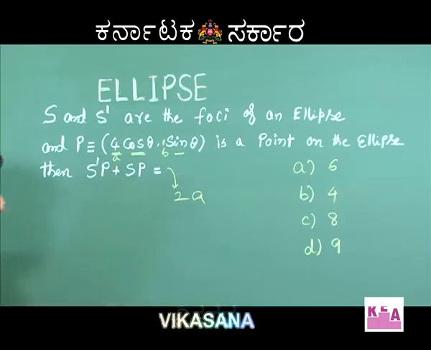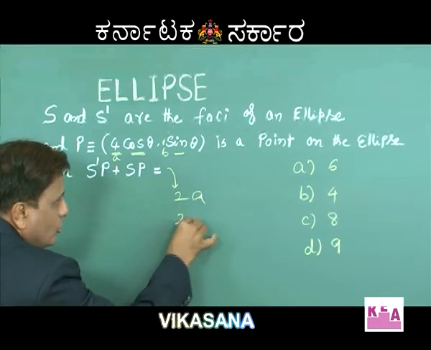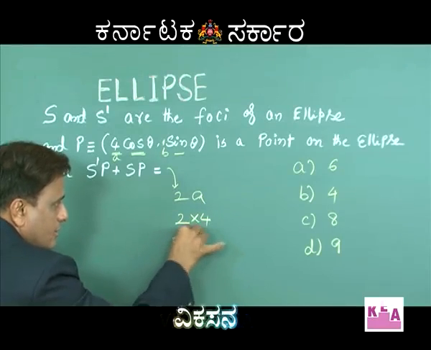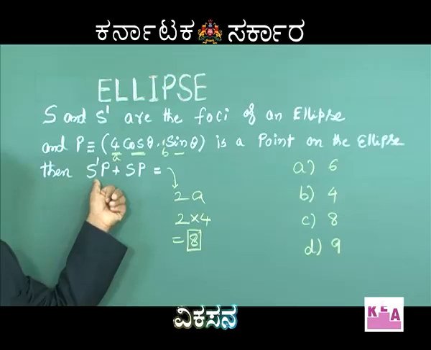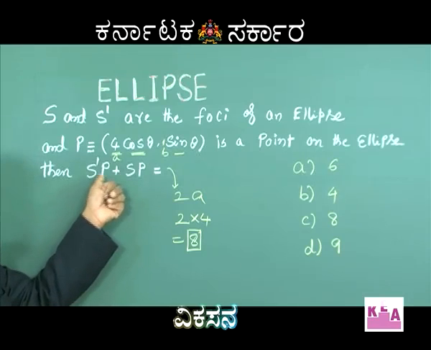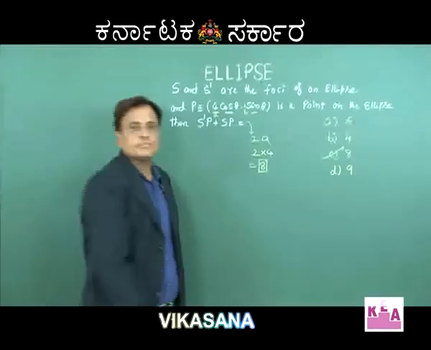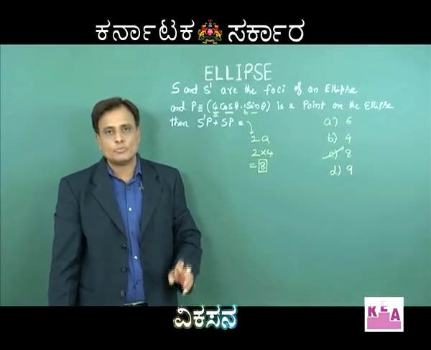Here a is equal to 4. Directly, 2 into 4 is equal to 8. So S dash P plus SP is equal to 8. Therefore, option C is the right option.